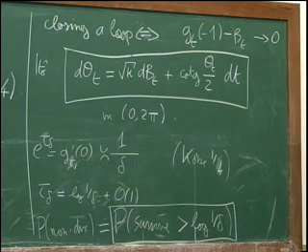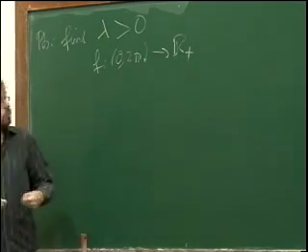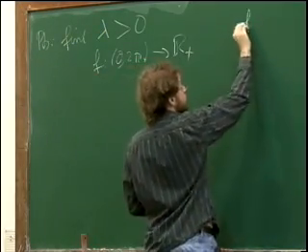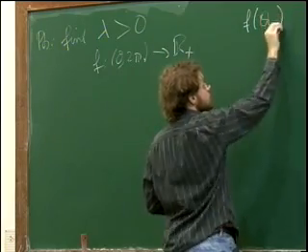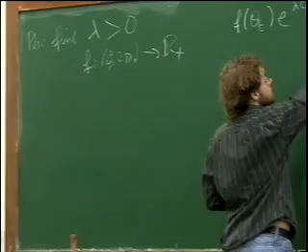So the problem is this. Find lambda positive and find f from 0 to pi to R plus, with the appropriate boundary conditions, in such a way that f of theta_t times e to the lambda t is a martingale.